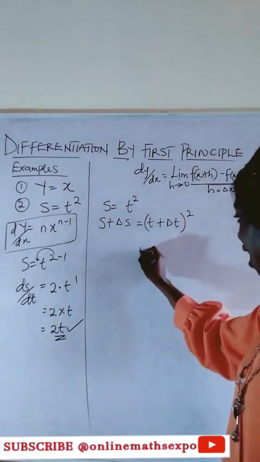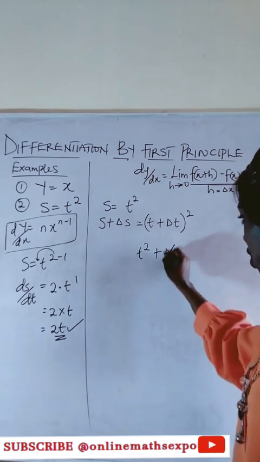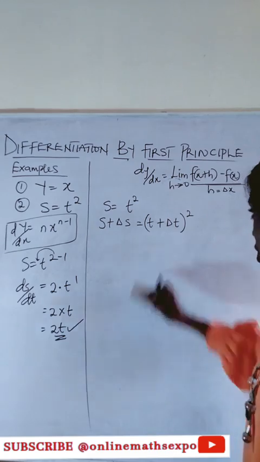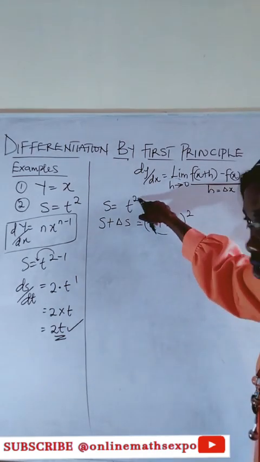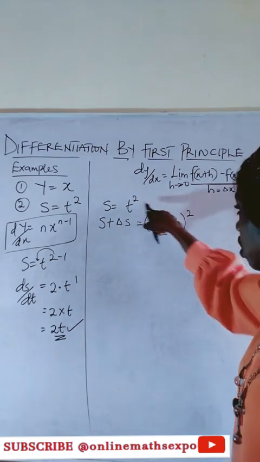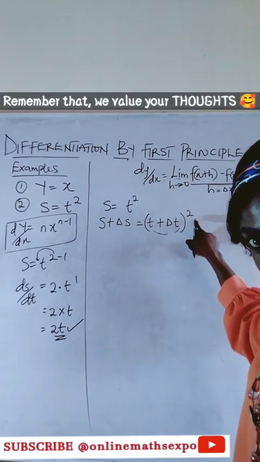Please don't write this like this. Don't say t squared plus change in t. Please, this is wrong. Don't practice this, okay? What you need to do is just, this t is what you have here. So whatever power you have, put it on top of your expression. Supposing what we have here becomes 3, it means that here will also be 3. I hope that is clear.